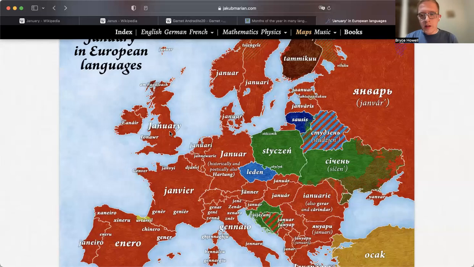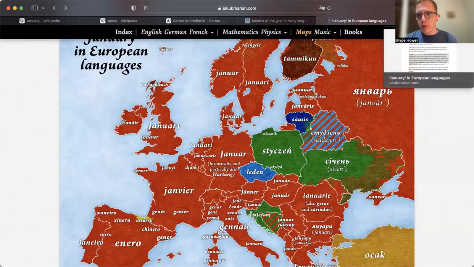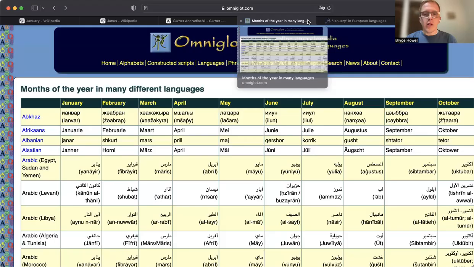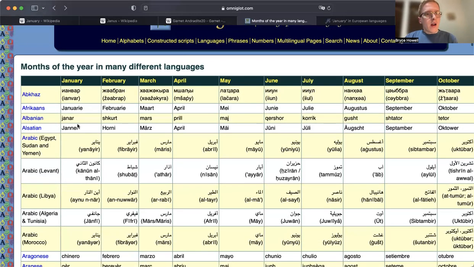Those in the audience who have better knowledge and backgrounds in these specific languages that you see on the screen, I'll toggle to another tab over here, which shows some different languages. Most of these, Afrikaans for example, have a similar Indo-European background, so it looks very similar to English's January.